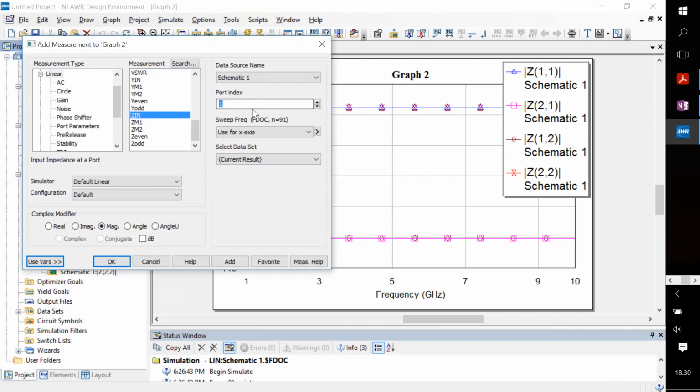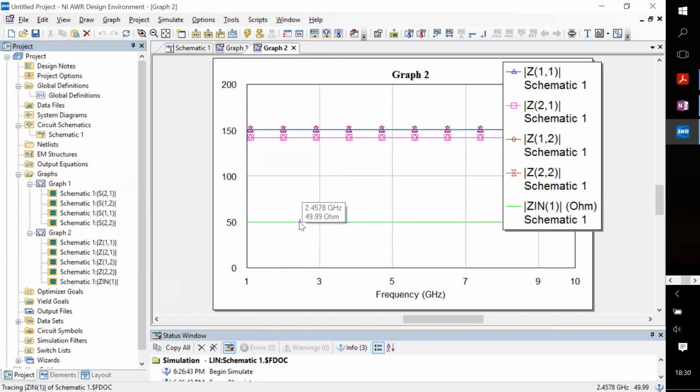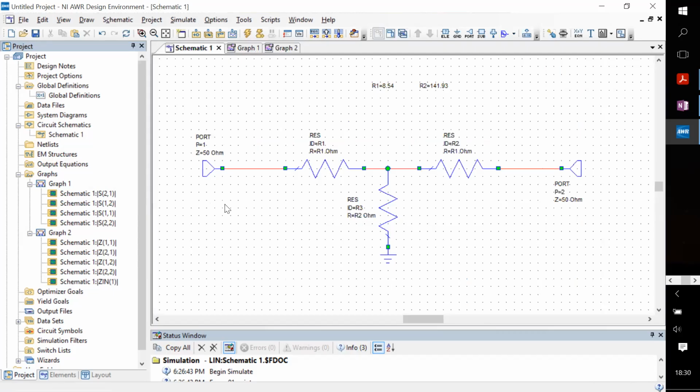Anyway, Z1 and Z2 are completely symmetrical, so there will be no difference. So let's see what this looks like. And it's 50 ohms. Okay. And this is because for this measurement, it is terminating all the other inputs with a load. Okay. So this again is a boundary condition.